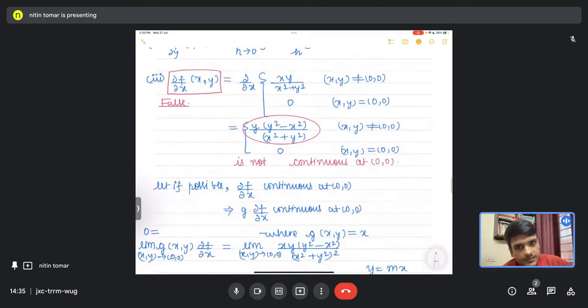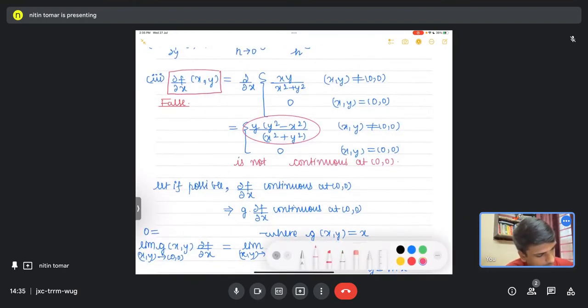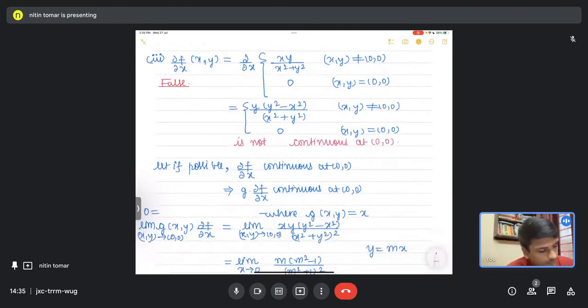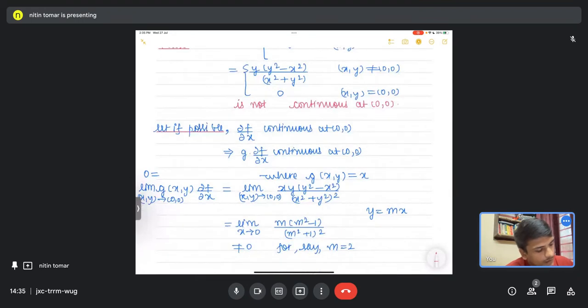Now my claim is, let, if possible, this be continuous. We are assuming on the contrary that this is possible. So if del f by del x is continuous at 0 0, you multiply it by any continuous function, the product of two continuous functions is continuous.